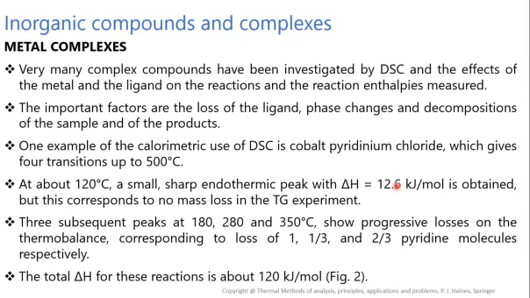So three subsequent peaks at 180, 280, and 350 show the progressive losses on the thermobalance corresponding to loss of 1, one-third, and two-third pyridine molecules respectively. And hence the total change in the heat content or enthalpy for these reactions is about 120 kilojoule per mole.